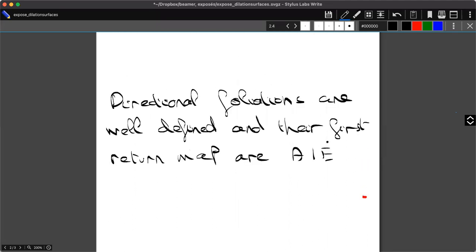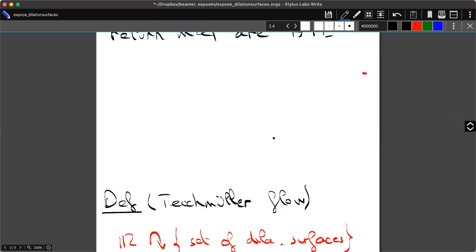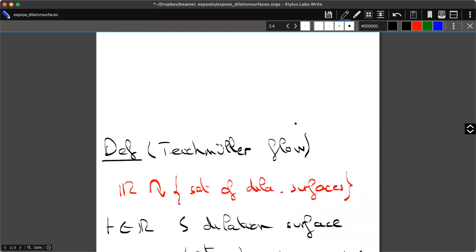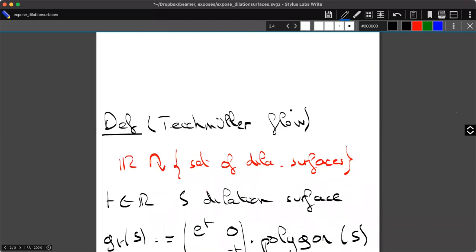Okay, now I will try to define the Teichmüller flow. This is a geometric thing, which is a flow on the set of all dilation surfaces. So if you want, it's a flow on the set of all polygons in the plane.